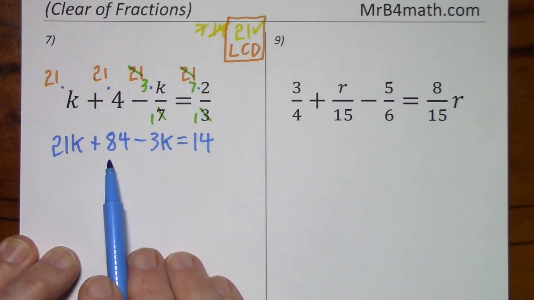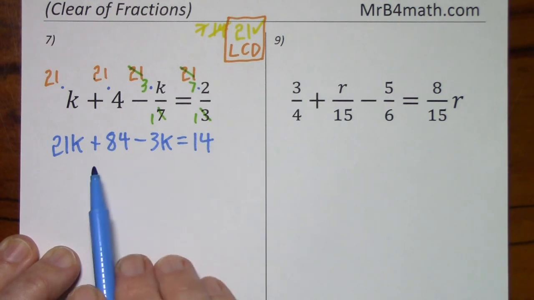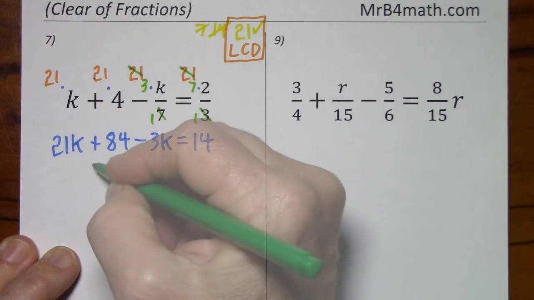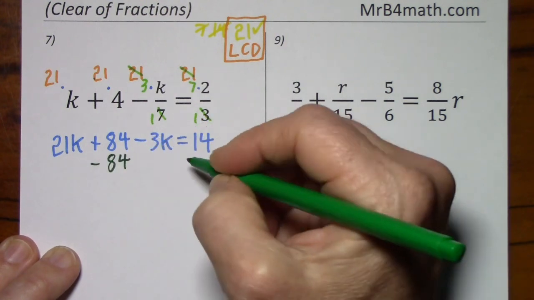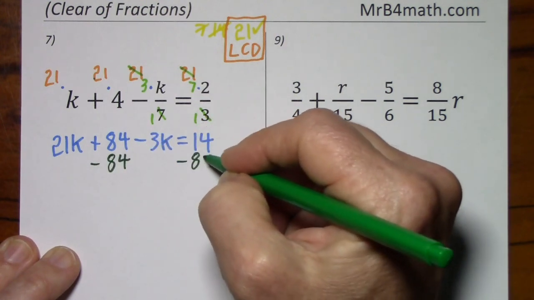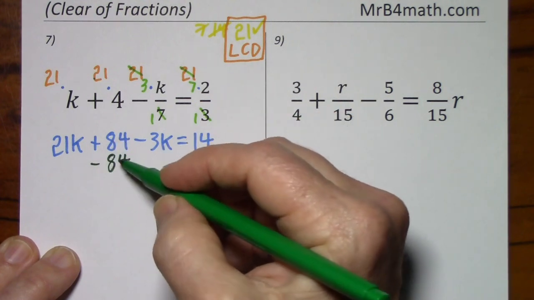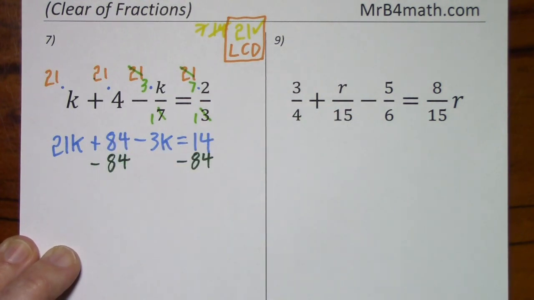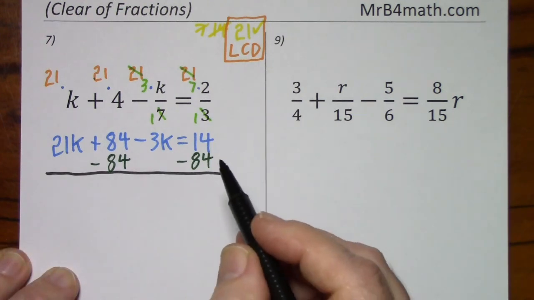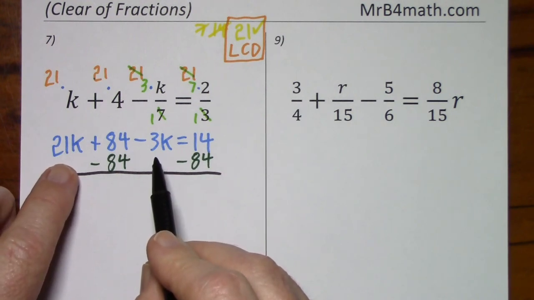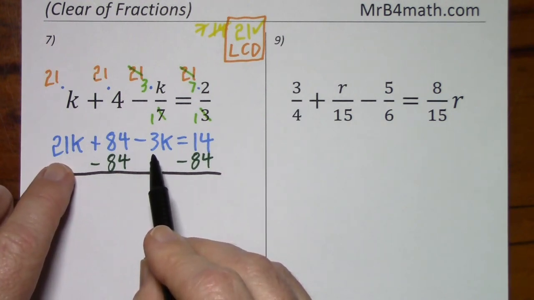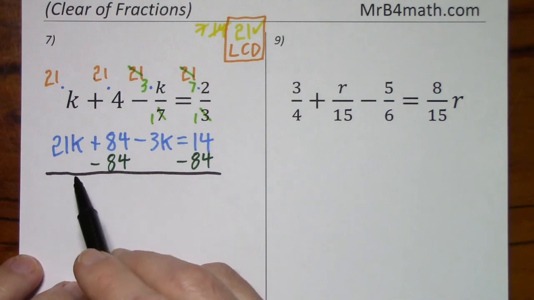I'm going to get rid of this 84, so it's held by addition or subtraction. I'll put negative 84 and negative 84. So in effect I'll be subtracting on this side and on this side. And I have like terms. So 21k, negative 3k, I can combine them.